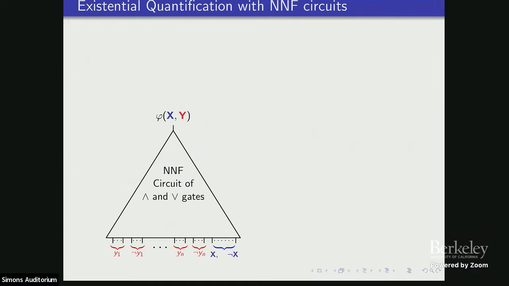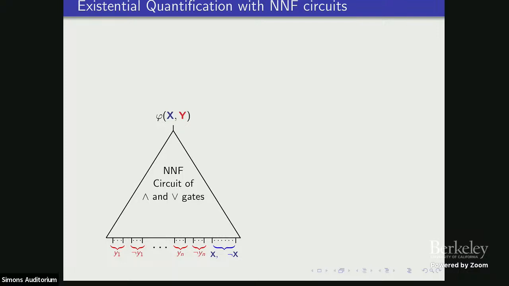Okay, so let's see what's the problem if I try to do existential quantification with normal circuits. These are the most compact things that one can think about, with no restrictions on the circuits. Every circuit can be converted to negation normal form with a linear blow up, every AND-OR circuit. So here is my specification phi(x, y), and at the leaves I have shown the output variables y1, negation y1, through yn, negation yn, and these are the inputs.